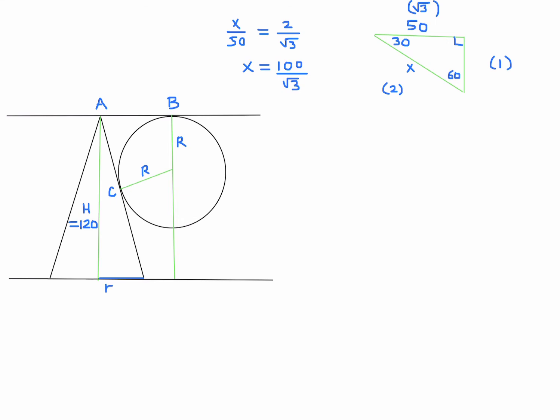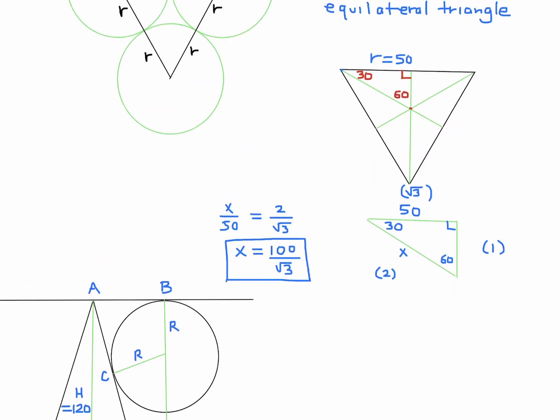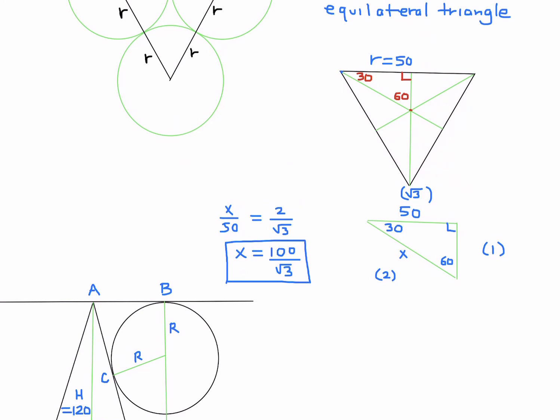And if you remember, that was 50. Now we come to the point of the question where this value comes in. Remember, 100 over root 3 was the distance from the vertex to the centroid, right here.